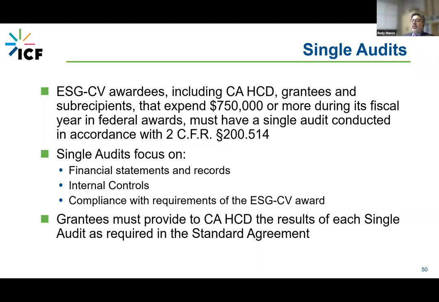So 2 CFR Part 200, Subpart F requires that any non-federal entity that expends, and that being the keyword, expends $750,000 or more during the non-federal entity's fiscal year. So two key elements: expends during the entity's fiscal year. If they expend more than $750,000 in federal awards, they must have a single or program-specific audit conducted for that specific fiscal year.